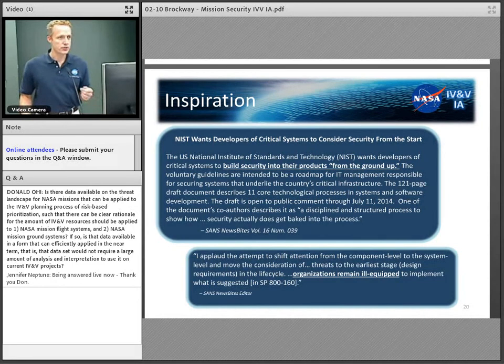So the simple answer is yes. There is data available. The second question, I think, about whether it is available in a form that is easily or effectively implementable in the near term, is not exactly, because of some of the sensitivities.